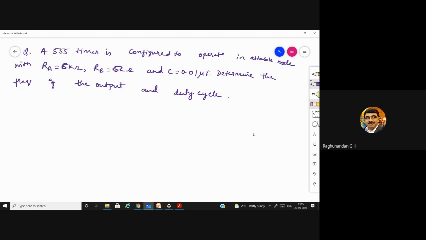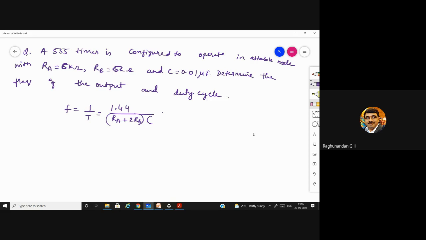So we have the formula which we have derived for the timer configured to operate in astable mode: F is equal to 1 divided by T, which is equal to 1.44 divided by (RA plus 2RB) into C. It depends upon the calculation and assumptions you take.